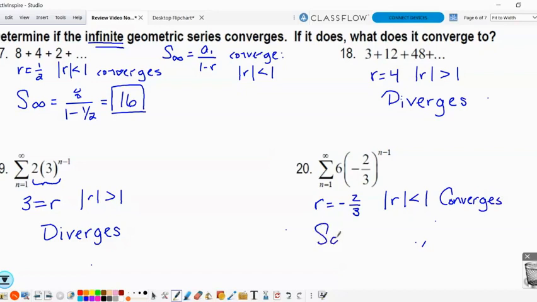And we can find the infinite sum by putting the first term, which would be 6, over 1 minus the common ratio. Common ratio is negative, so you'll see there's minus a negative there. We're going to turn that into addition. And when we do that and simplify, we get that the infinite sum is 18/5.